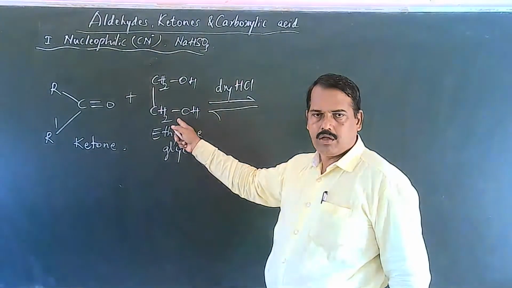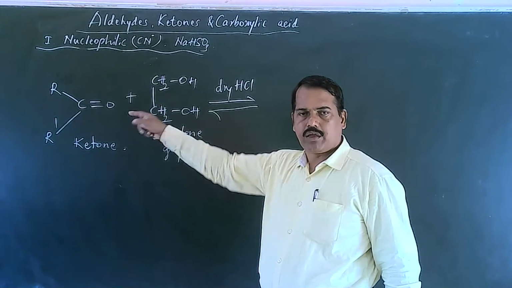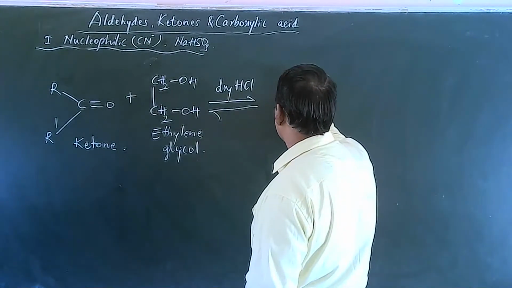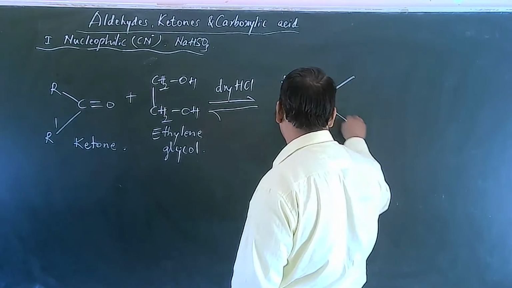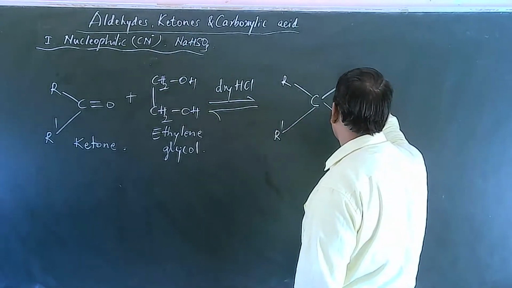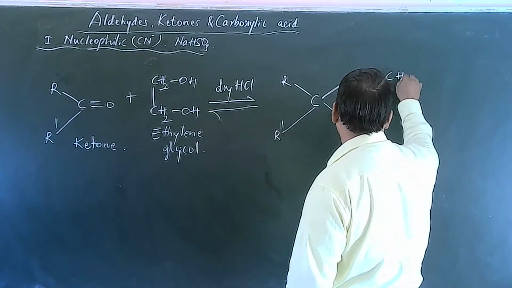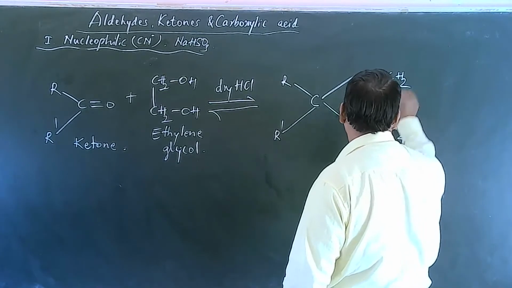Ethylene glycol reacts with a ketone. We will get R, C, and R dash, and here OCH2 and OCH2 groups.